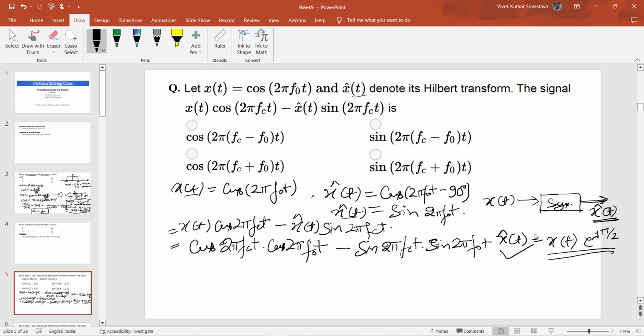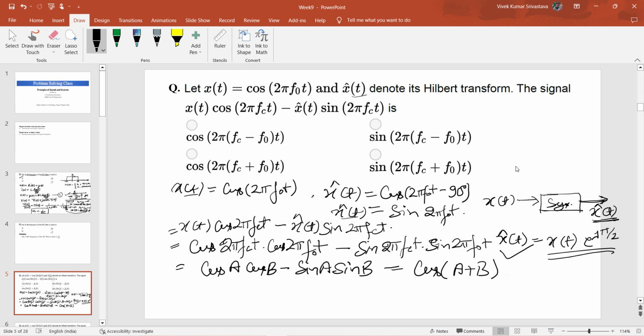Okay, so from here, if we compare this equation with cos of a cos of b minus sine of a sine of b, this we can write as cos of a plus b.